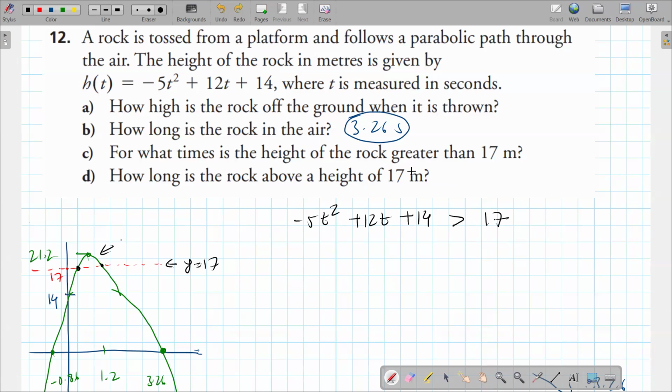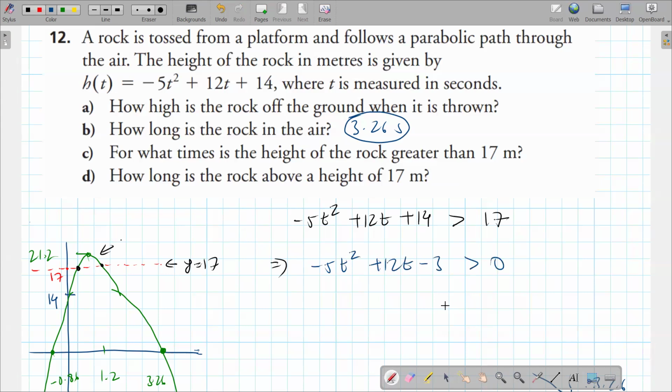So now we have a quadratic inequality. Does that change anything? Not a whole lot. The steps are the same. Step number one, for any polynomial, equation or inequality doesn't matter, everything has to be on the same side. So I'm going to move the 17 to the other side to get negative 3.